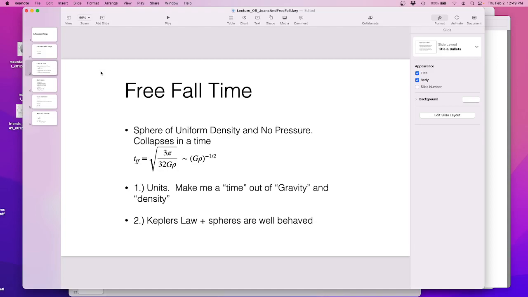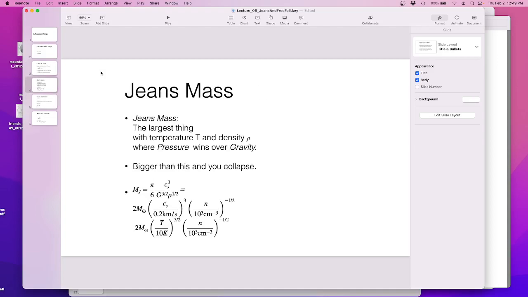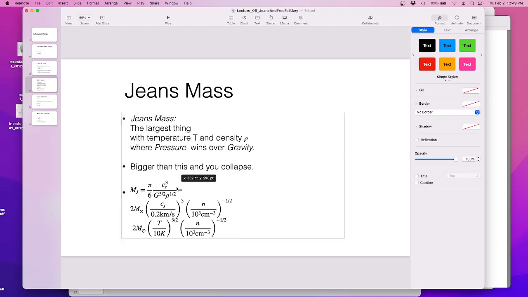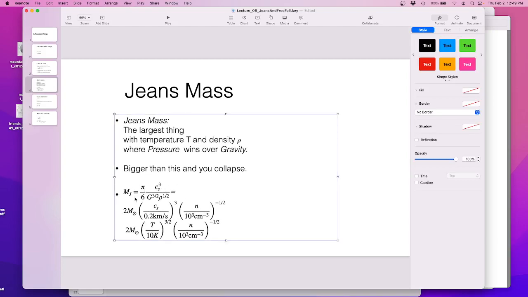The rho cancels one of those 3/2 and you get C cubed over G to the 3/2, rho to the 1/2. The only thing I'm different by with this definition is a pi over 6, which is like a half. So again, we're good by like half.